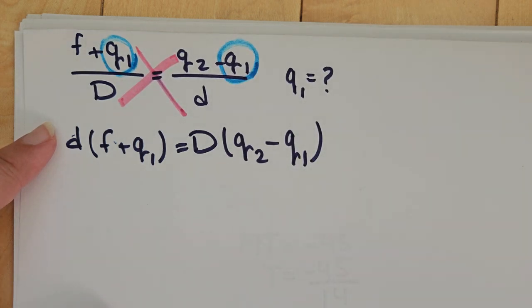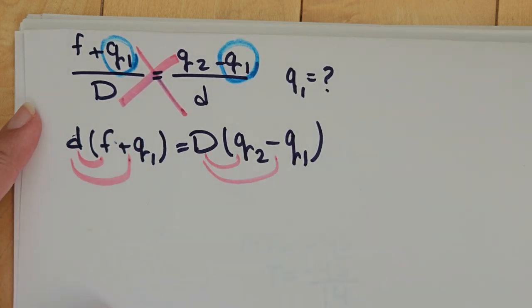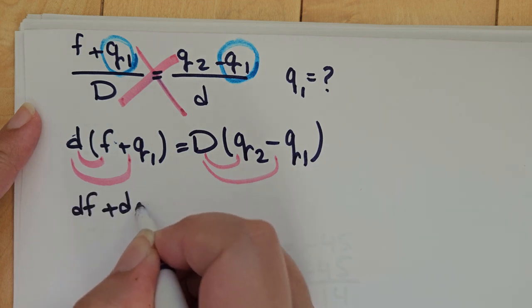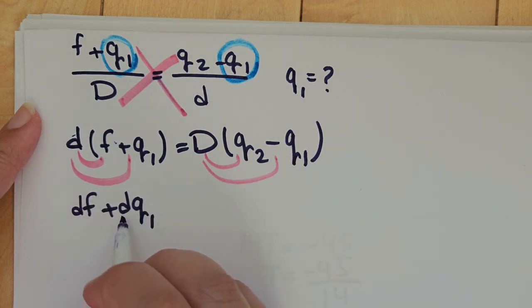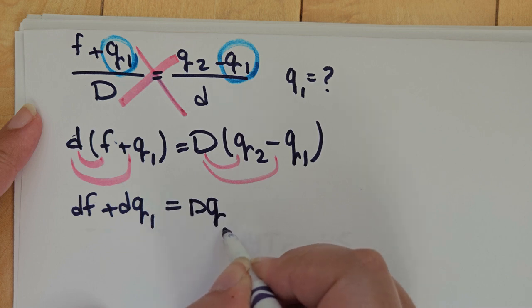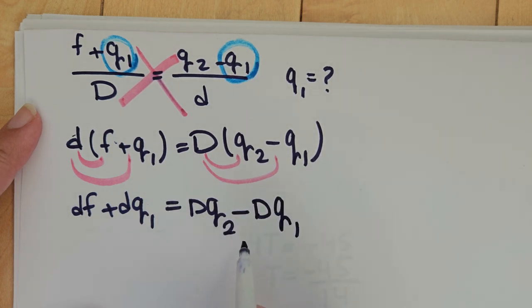Now you have to do FOIL. So that would be small df plus dQ1, where small d here plays the role of a coefficient, equals DQ2 minus DQ1. Again, capital D here plays the role of a coefficient.